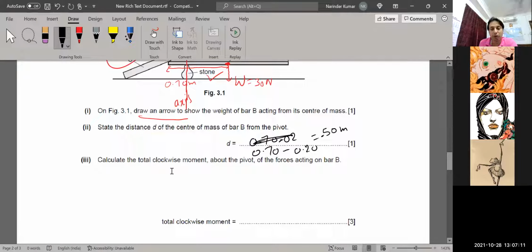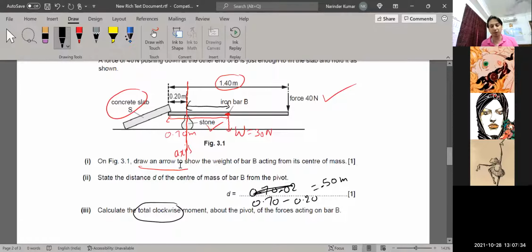Calculate the total clockwise moment about the pivot of the forces acting on the bar. Total clockwise moment. It means there are two forces acting, maybe more than one. That's why they use the word total clockwise moment about the pivot.